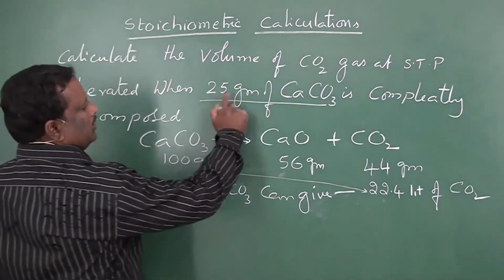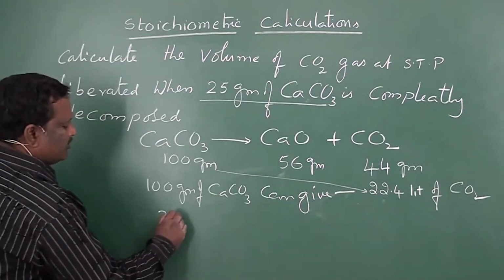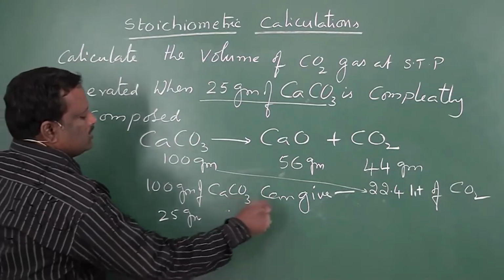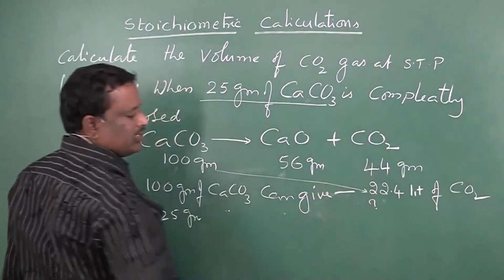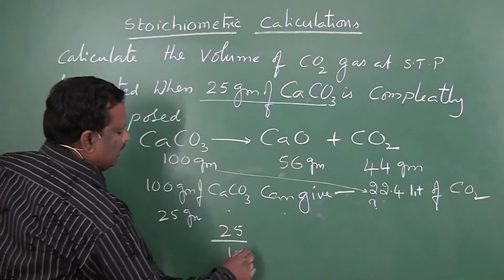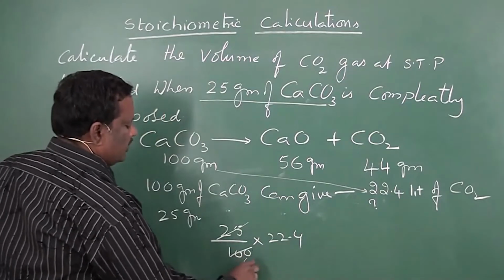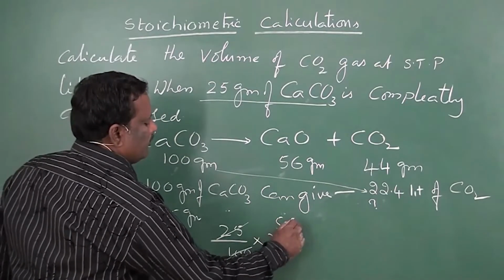Now they are asking the amount of CO2 liberated from 25 grams. So 25 grams of CaCO3 can give how many liters? 25 by 100 into 22.4, 25 4 times is 100, 4 here, 5.6.